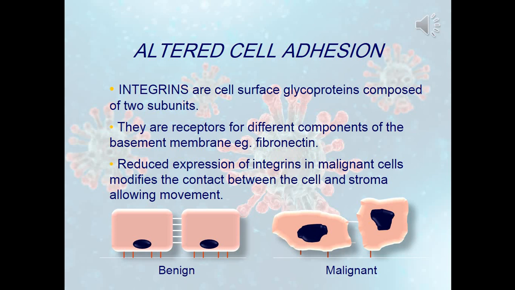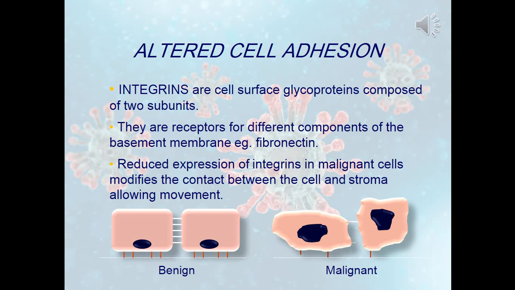The second mechanism is loss of integrins. Integrins are cell surface glycoproteins composed of two subunits. They are receptors for different components of the basement membrane. So these receptors provide a connection between the epithelial cells and specific components of the basement membrane like fibronectin.